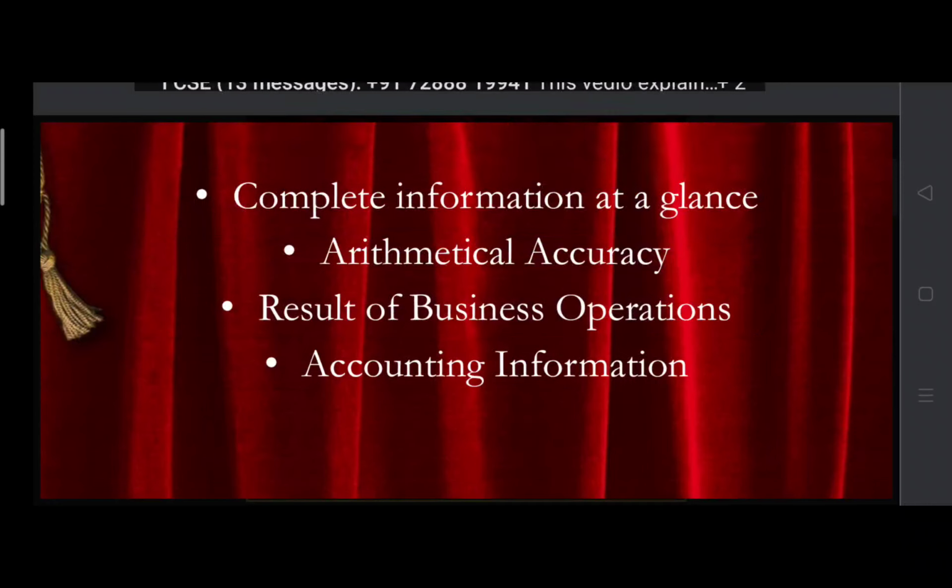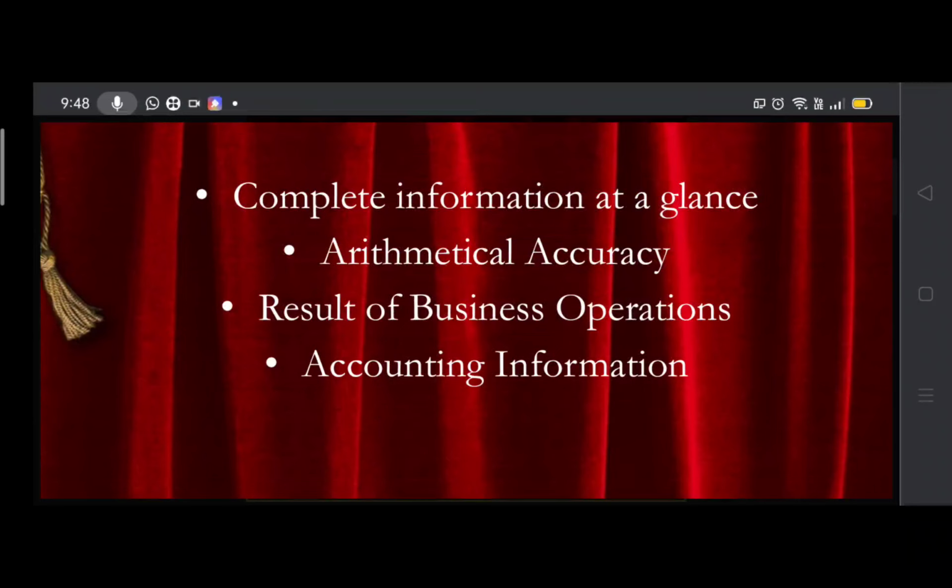So the second advantage of the ledger is that the arithmetical accuracy of our work can be checked with the help of the ledger balances, because the trial balance is prepared from them.